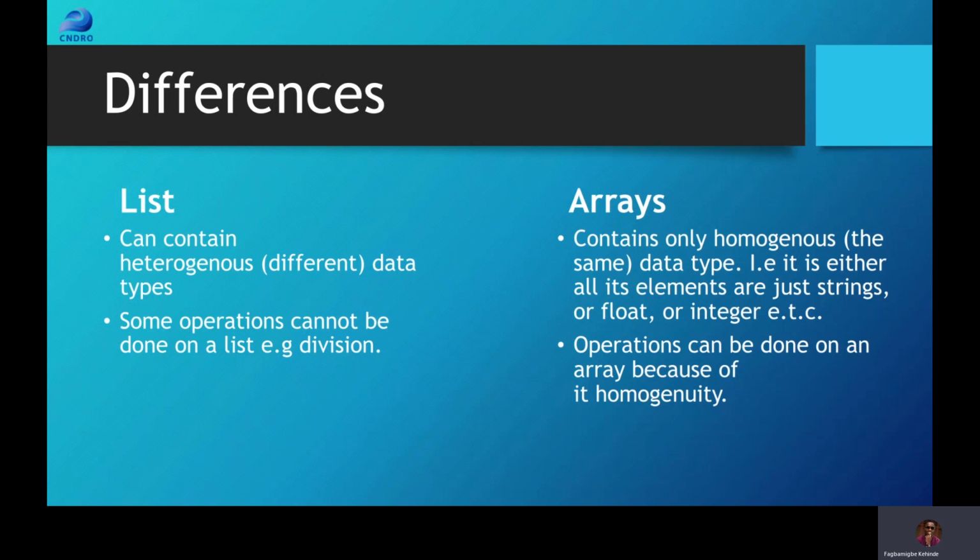An array only contains a homogeneous data type, and by homogeneous I mean it contains the same data type. So either all its elements are strings, or they're all floats, or they're all integers. I'm going to be showing us how that will be in our example.